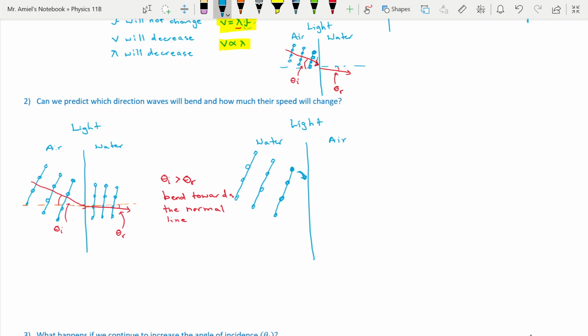So we're going to get this case. Oh, sorry, it's not the case. When we're going to a less dense medium, our wavelength is going to increase.